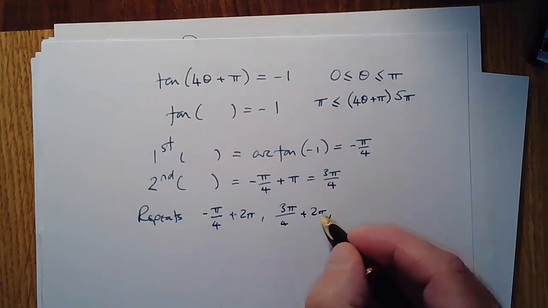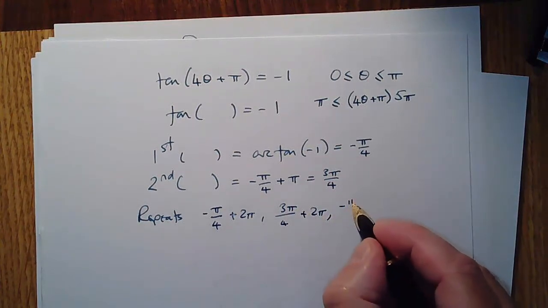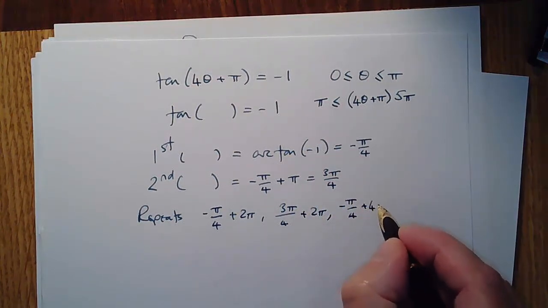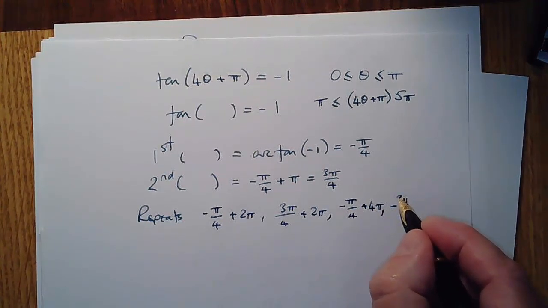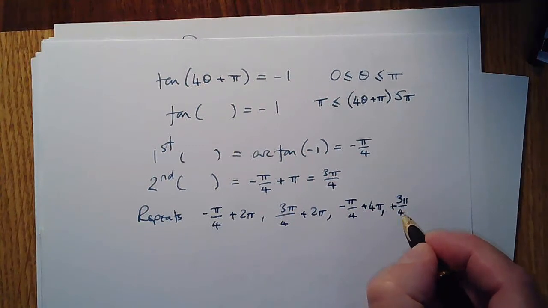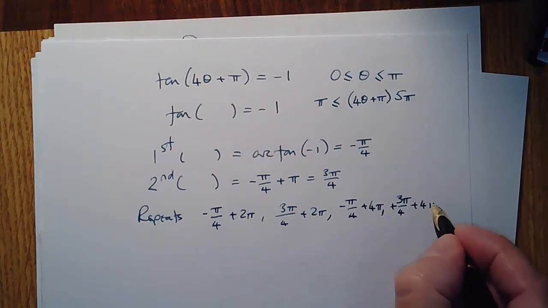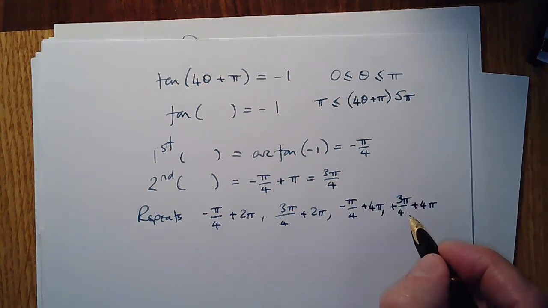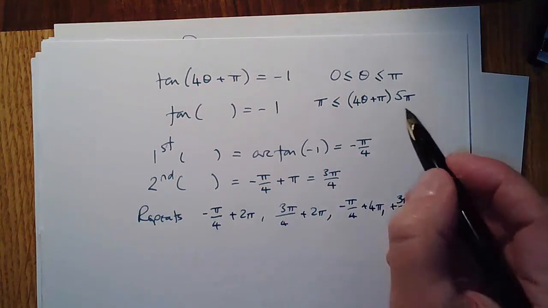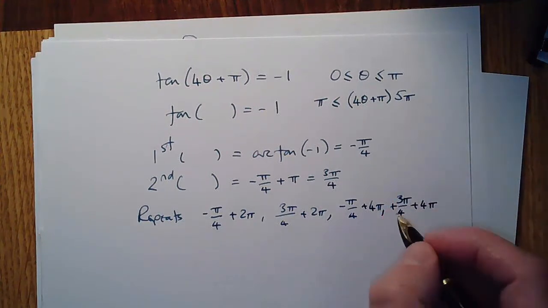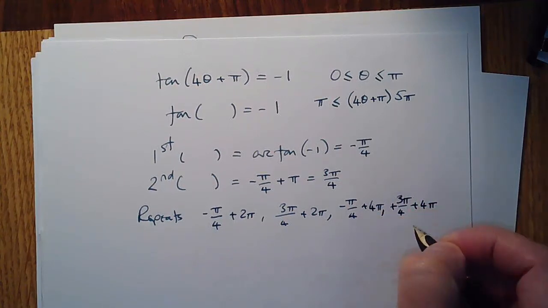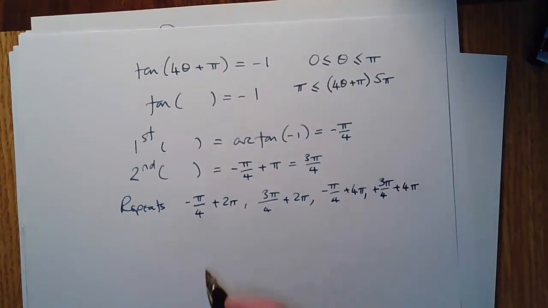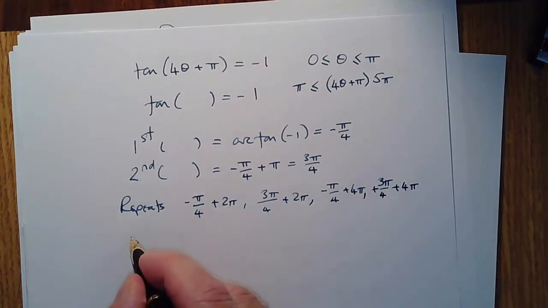Okay, so as it happens, there is also minus pi by 4 plus 4 pi, and 3 pi by 4 plus 4 pi, okay? Because 3 pi by 4 is less than a whole pi, add 4 pi to it, I'm still less than 5 pi. But if I add any more 2 pi's to it, both of these do get too big, okay? So these are my possible answers for the bracket.